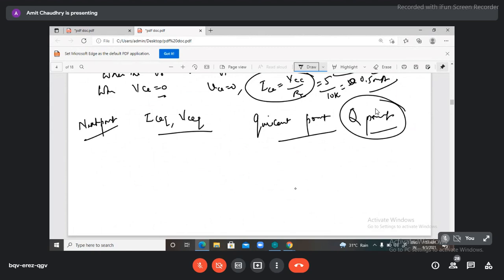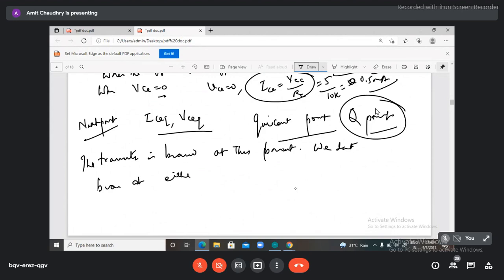Now what is this? The transistor is biased at this point. We don't bias it at either extreme points.